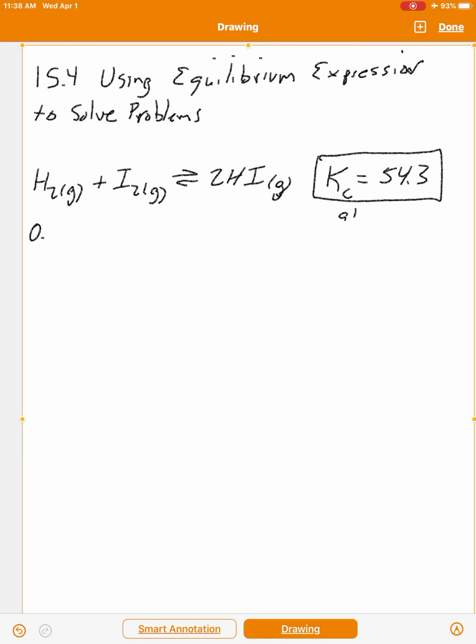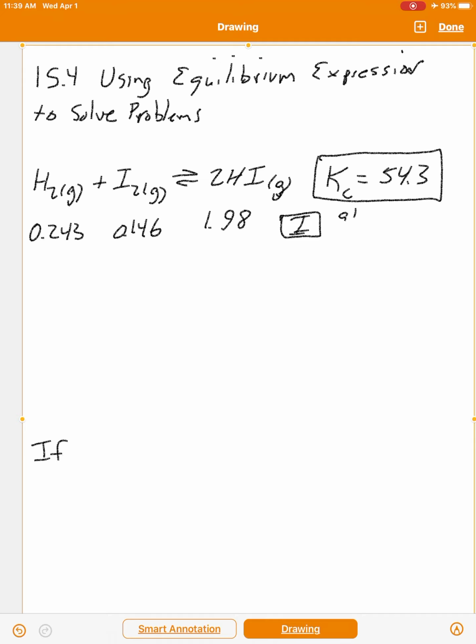0.243, 0.146, and 1.98. Okay, and I'm going to call this our initial. I'm going to put a little square there, I for initial. Now what I'm going to do is I'm going to make the following claim down here.